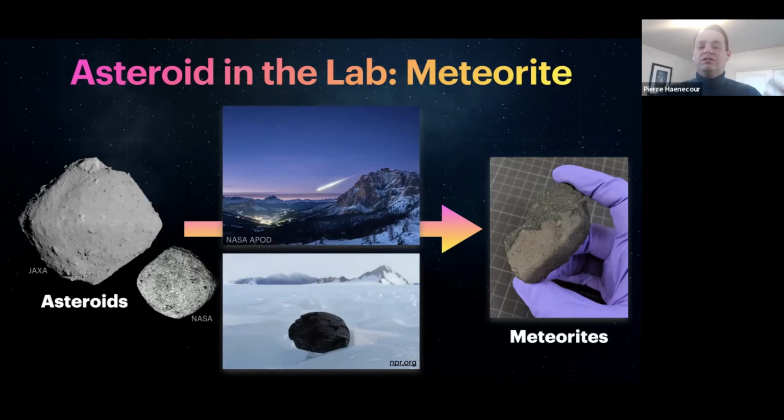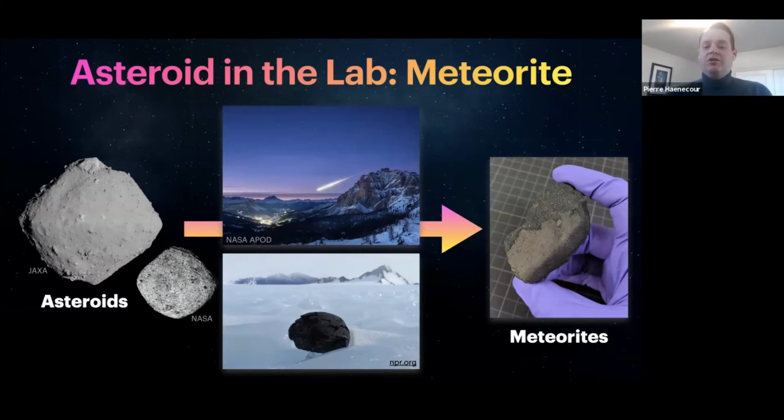We can get images and spectral information, so just by looking at the light emitted by those bodies, but we can't get really in situ information. The only way we can get that is through fragments of those asteroids that get destabilized and brought to cross the Earth's orbit, and some of them actually enter the Earth's atmosphere as meteorites.